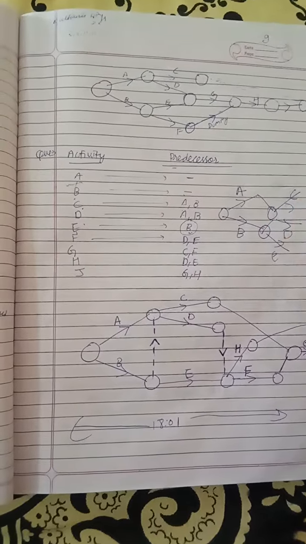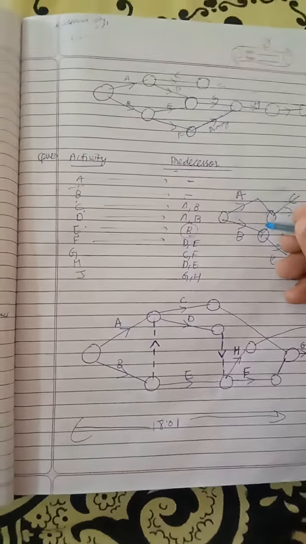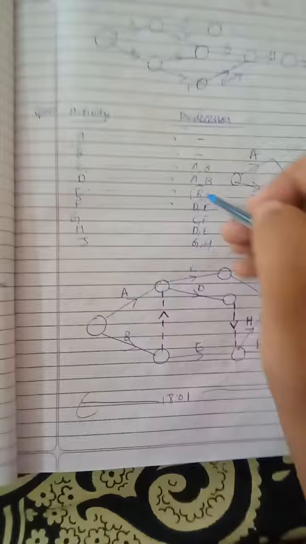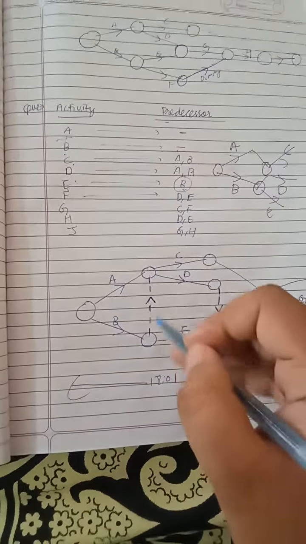This is still right. So this is B. You can see A, B starting.